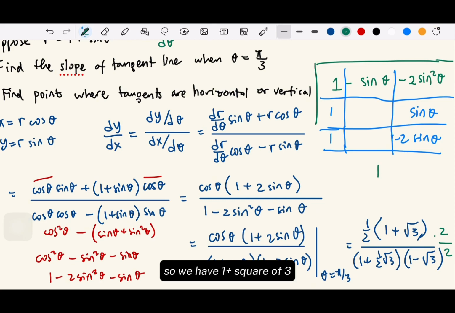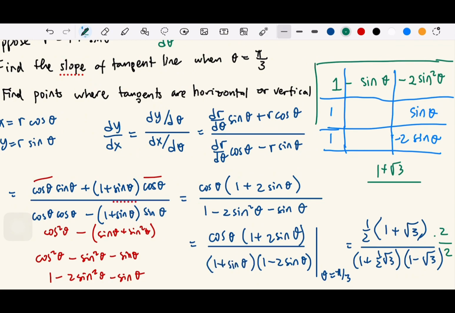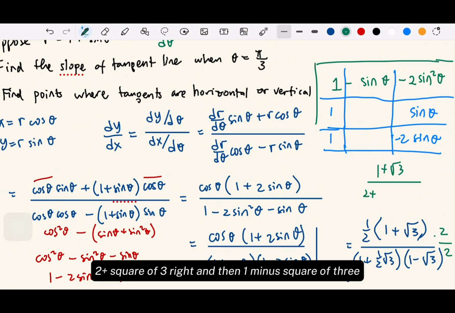So we have 1 plus square root of 3 divided by 2 plus square root of 3, right? And then 1 minus square root of 3.